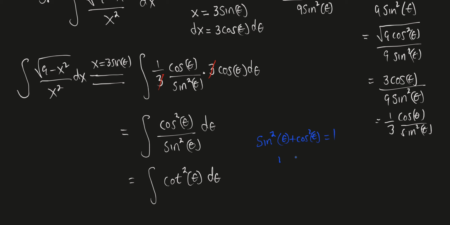If you have 1 plus tangent squared theta, that's equal to secant squared theta. And if I have 1 plus cotangent squared theta, that's equal to cosecant squared theta.